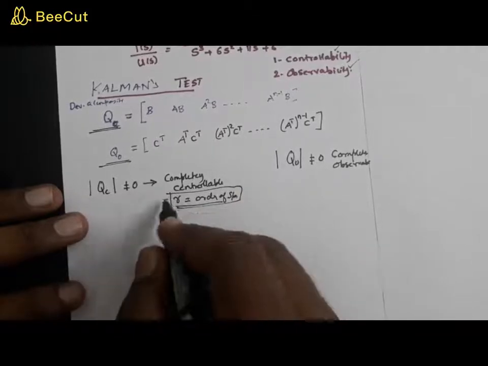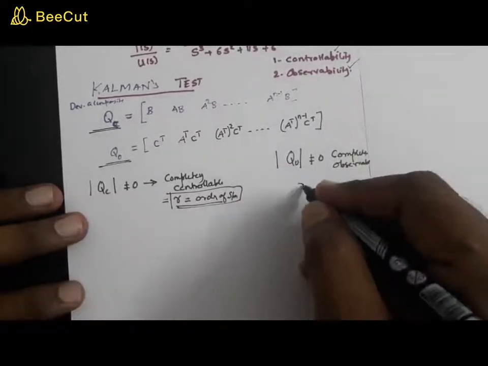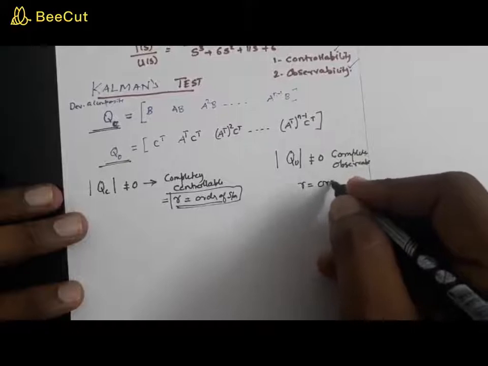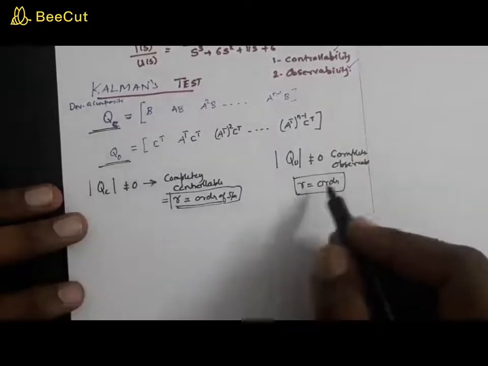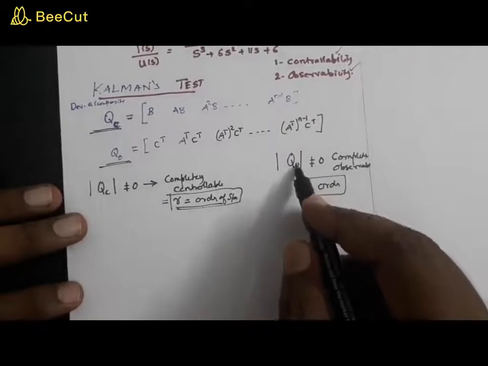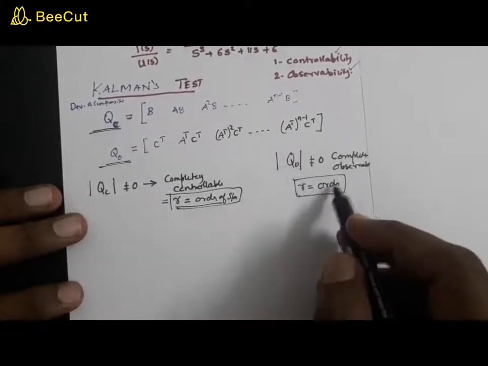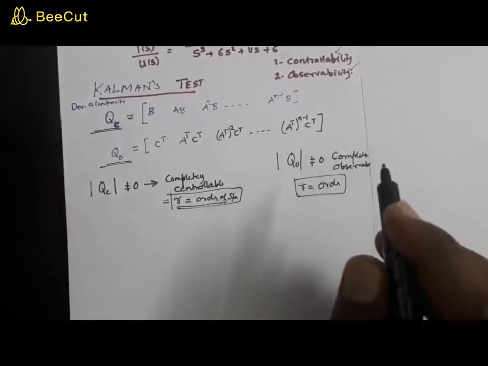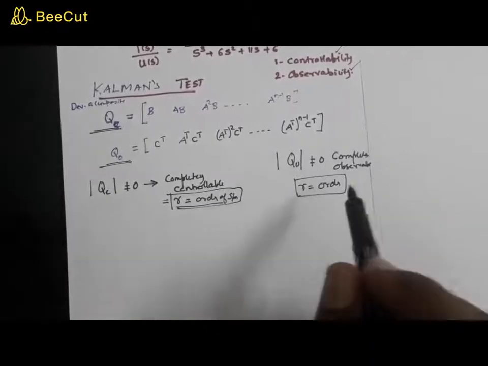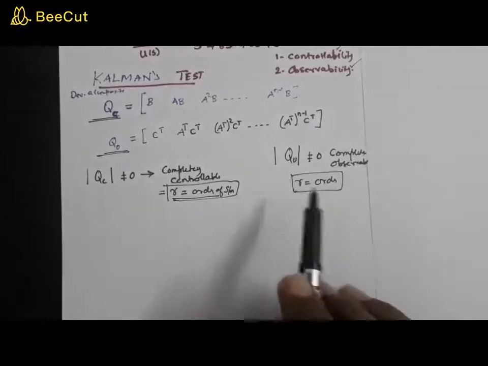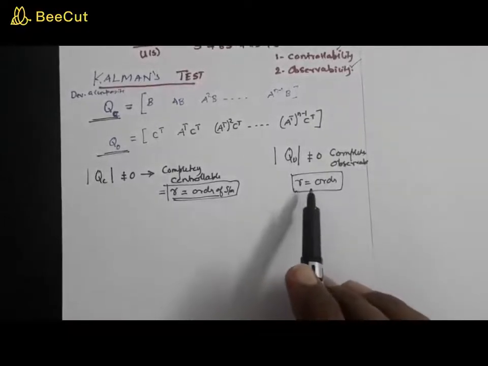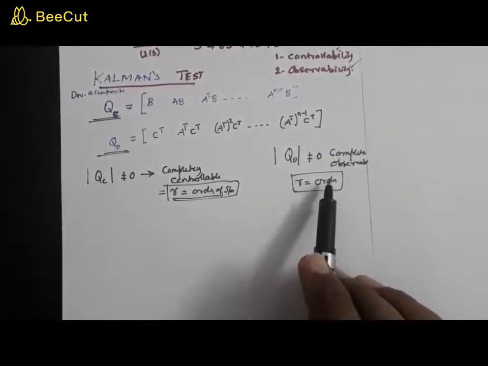If the rank is equal to the order of the system, then we will say that this is controllable. And in this case, if the rank of this matrix is equal to the order, then it is also completely observable.